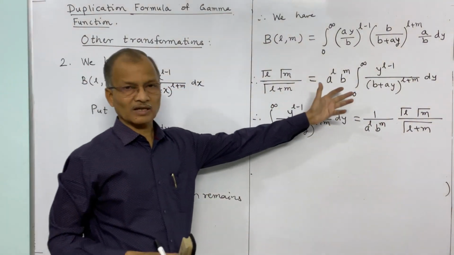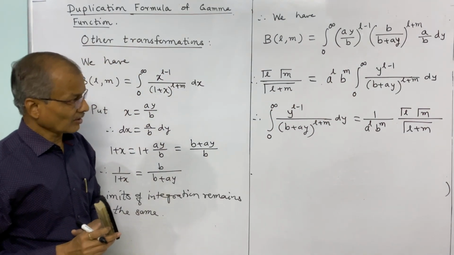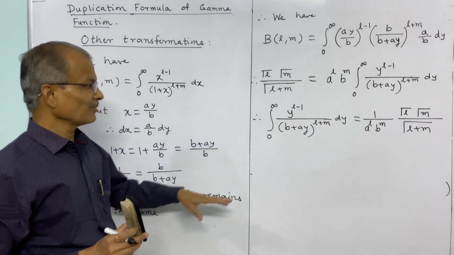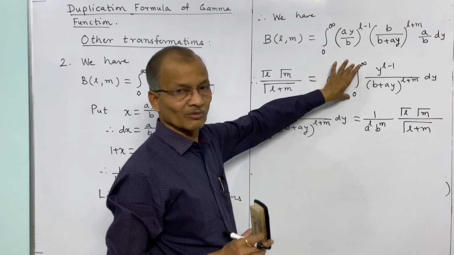Only the sides are interchanged. This term is shifted on the other side. It is at the denominator. And thus we have the transform form of beta function in this form. Actually this is beta function, beta function is equal to this one.